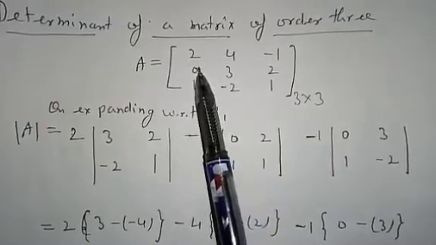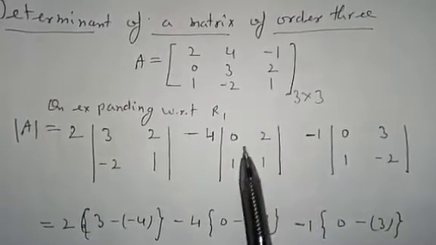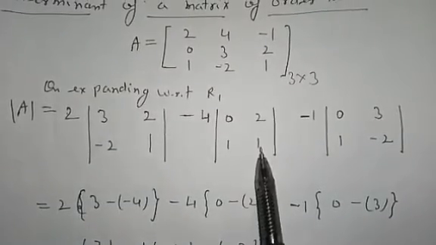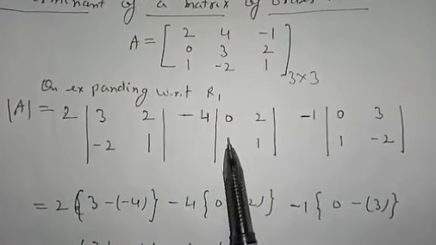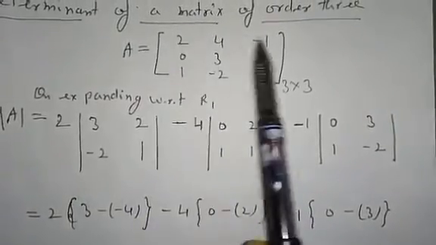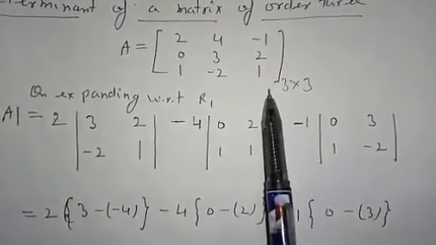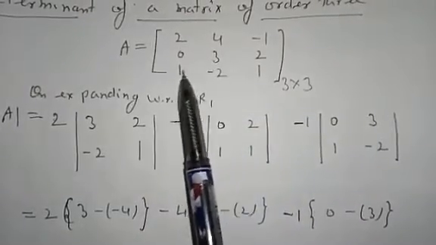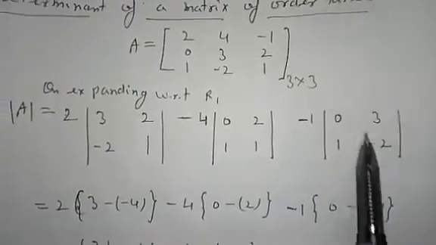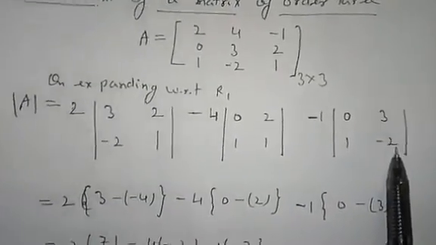The remaining elements are 0 1 2 minus 1, 0 2 1 1. So we take the determinant of this one. Now for this minus 1, remove first row and third column. The remaining elements are 0 3 1 minus 2. So we take the determinant of these elements 0 3 1 minus 2.